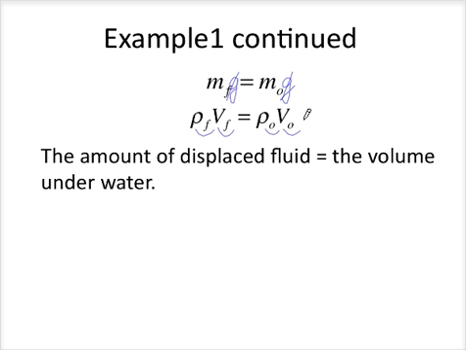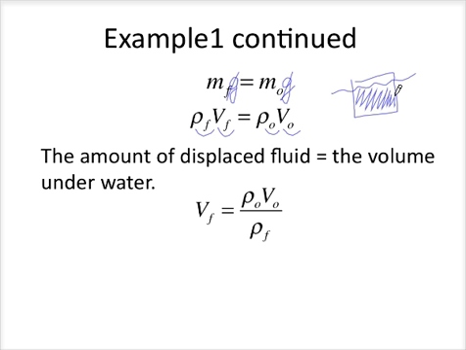And then the amount of displaced fluid will equal the volume that is inside water. Because again, if this is our cube, this amount is underwater. That is the amount of displaced fluid, the amount of ice that we're looking for, the one that's underwater.